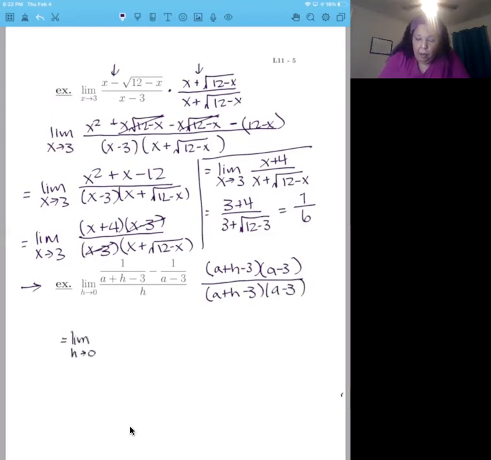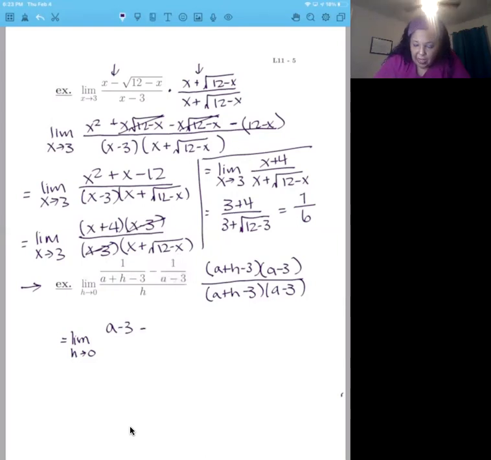If I multiply this term right here by a plus h minus 3 times a minus 3, the a plus h minus 3 is going to cancel, and I'm going to be left with a minus 3. Now, if I multiply the second term by a plus h minus 3 times a minus 3, the a minus 3 is going to cancel, and we're going to be left with a plus h minus 3.